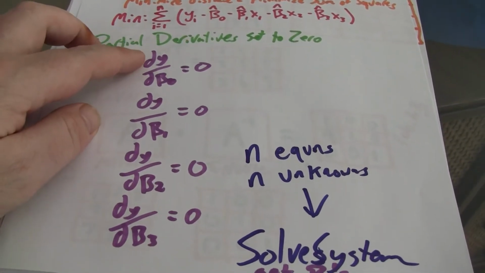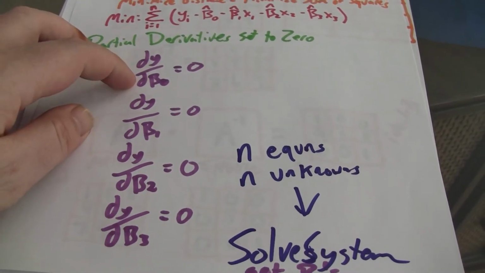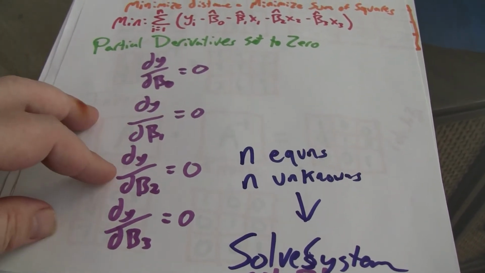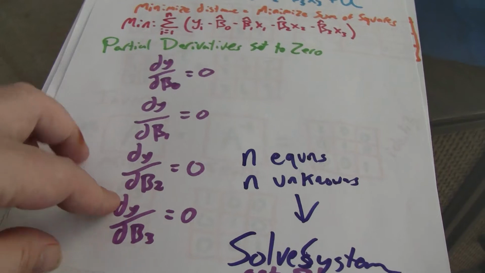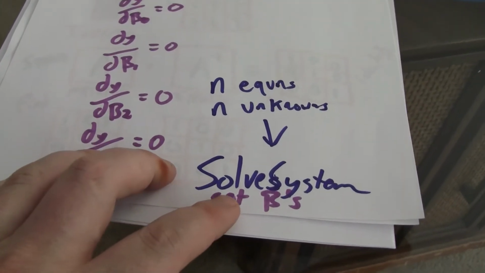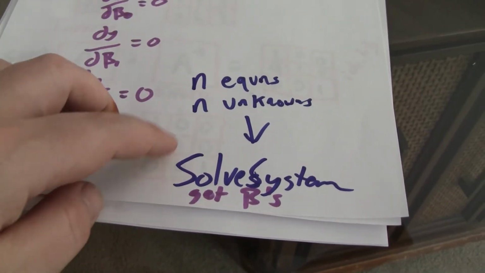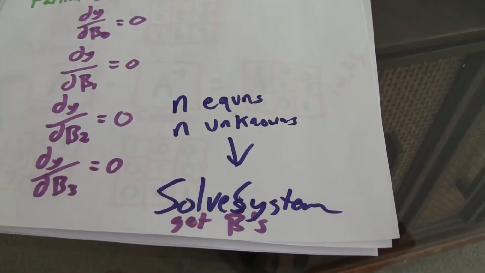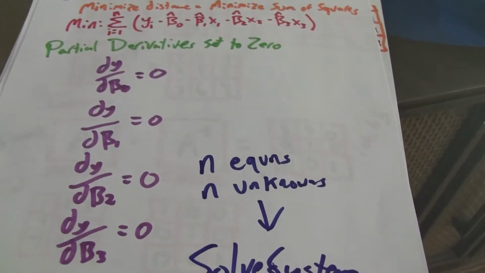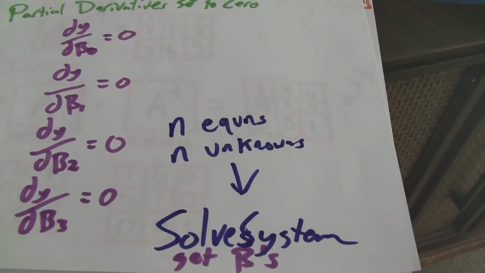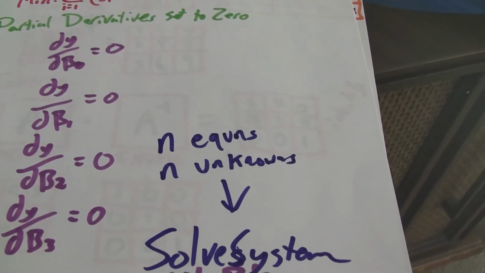So you take the derivative in terms of beta naught set equal to 0, the derivative in terms of beta 1 set equal to 0, beta 2 set equal to 0, beta 3 set equal to 0, and then solve. That gives us a system of n equations and n unknowns, and we solve the system to get our betas. That's not a formal proof. I'm just briefly going through how the math works.